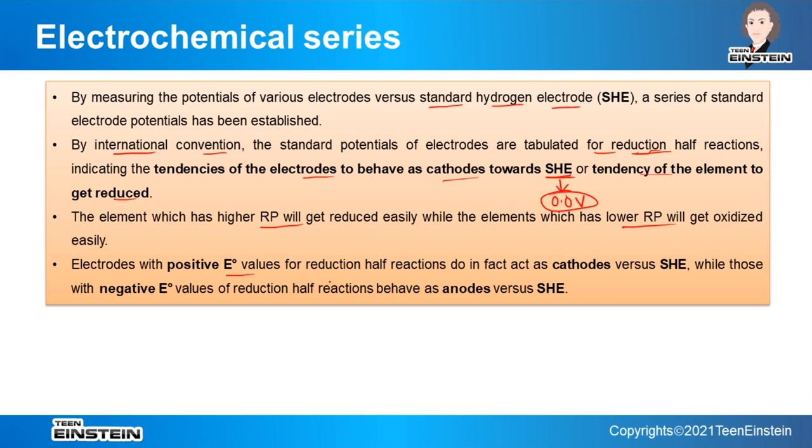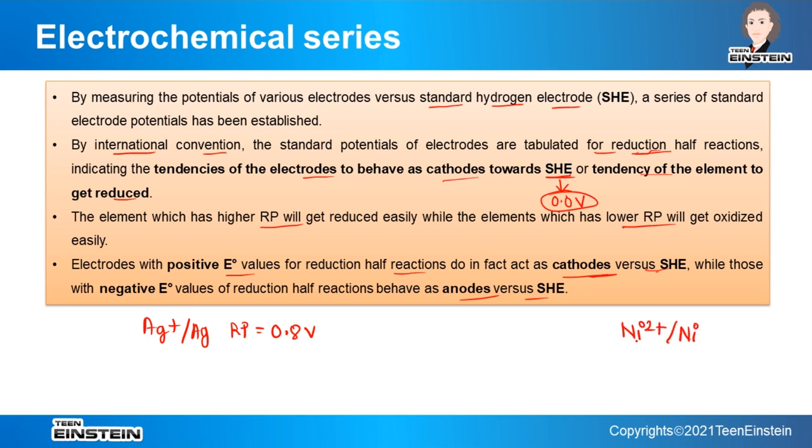Electrodes with positive E naught values for the reduction half reaction do in fact act as cathode, that is, the values on the side of SHE where all values are positive behave as cathode versus SHE, while negative E naught values behave as anode versus SHE. From the electrochemical series, suppose we take the system Ag plus Ag, with reduction potential 0.8 volt, SHE at 0.0 volt, and another system, nickel 2 plus 2 nickel.